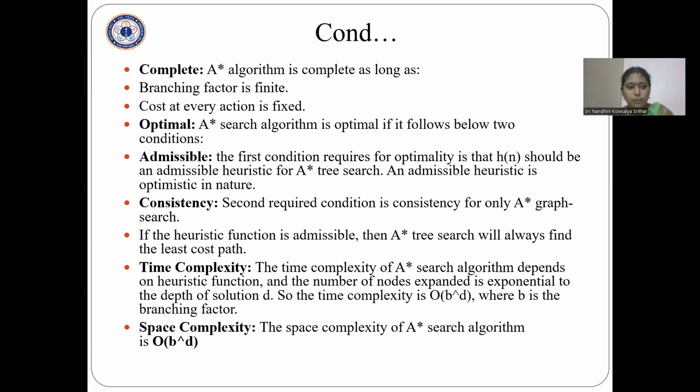It is optimistic in nature. Then consistency. In consistency, we have only A star graph search. If the heuristic function is admissible, then A star tree search will always find the least cost path. The time complexity is order of b to the d, and the space complexity is order of b to the d.